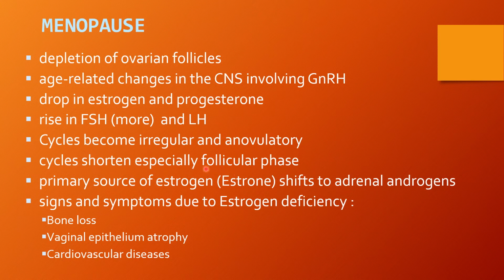Then the cycle shortens, especially the follicular phase. So the primary source of estrogen, which is the ovary, now shifts to adrenal androgens. And menopause will now show the signs and symptoms of estrogen deficiency, like bone loss, vaginal epithelium atrophy, and cardiovascular diseases, because you know estrogen is cardioprotective.